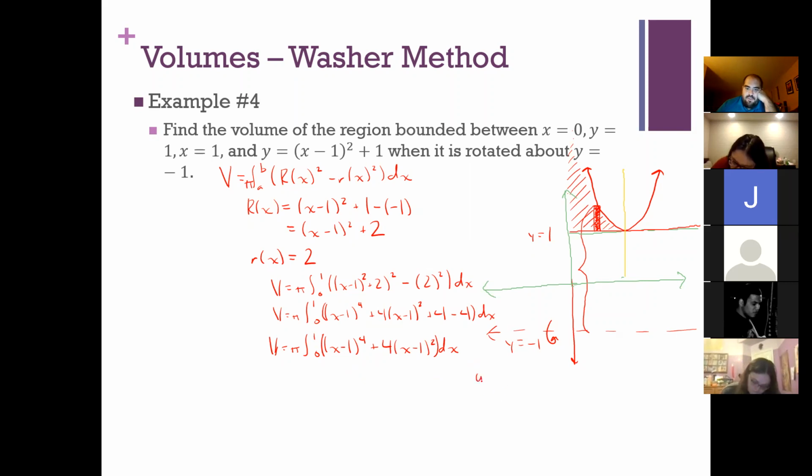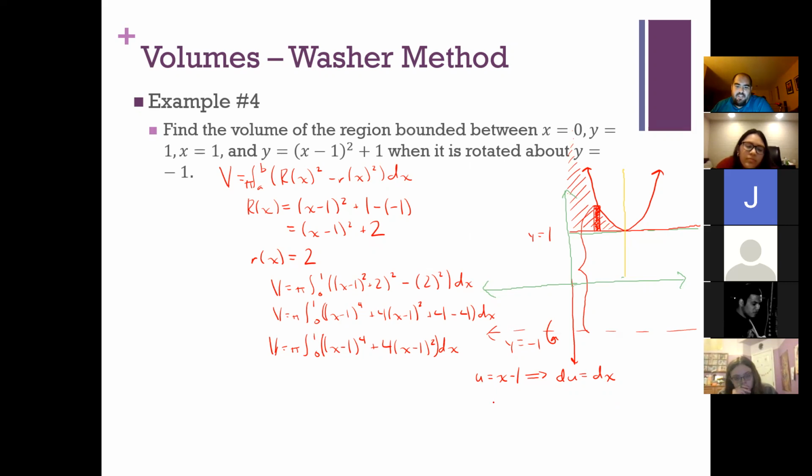Let's do this. If u is equal to x minus 1, you all tell me, what consequences follow from that? du equals dx. du equals dx, that's good. I think there are other consequences we need to worry about. We need to change the bounds.